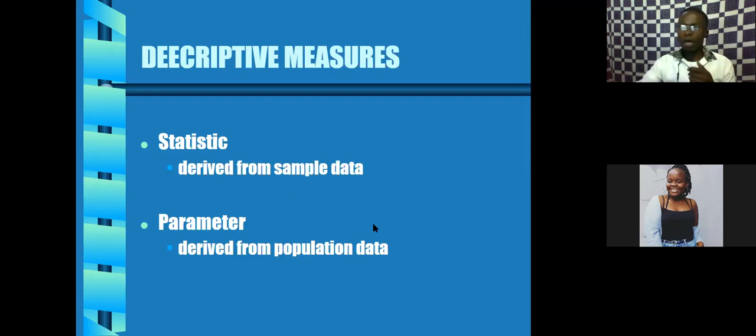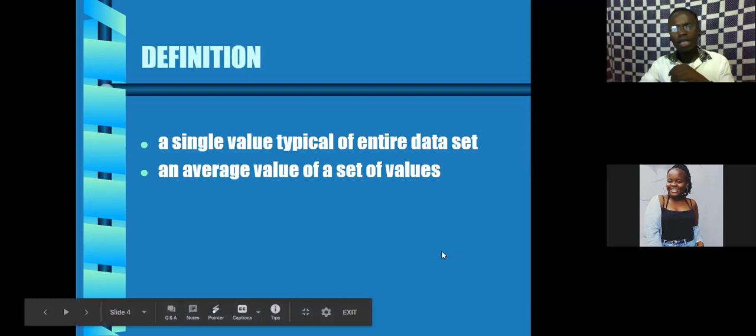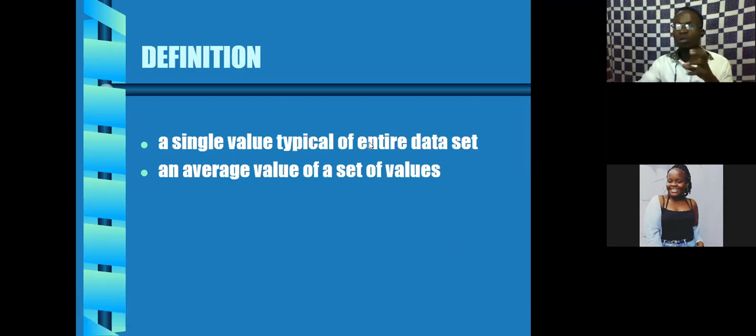Okay, so now let's look at this. A single value typical of the entire data set. So this is what we're talking about. We said that a measure of central tendency indicates where most values in a distribution will fall, and that's why it is also referred to as the central location of a distribution.